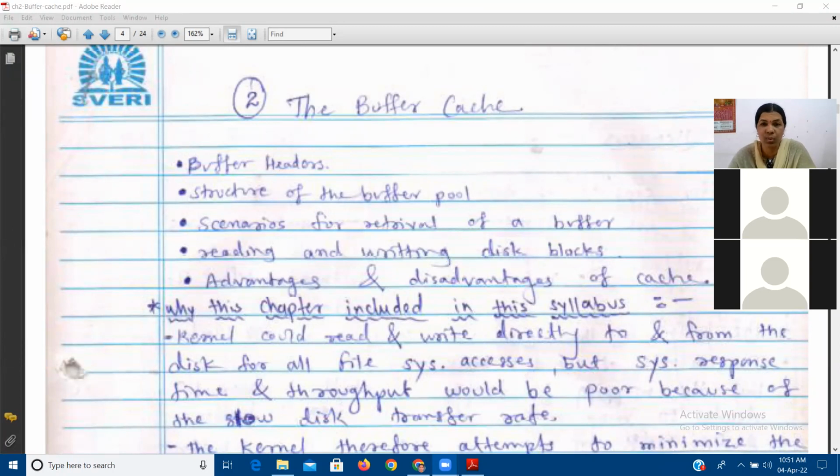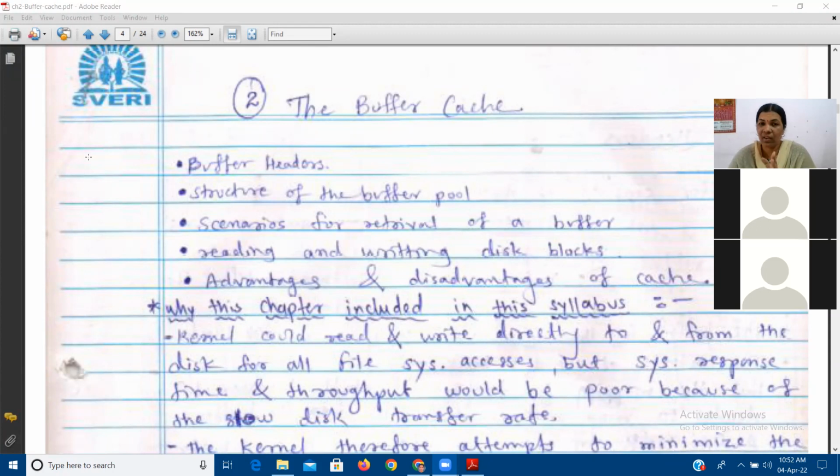And if we don't use the buffer cache, what will happen? There will be traffic on the disk, because of the number of read and write operations we are performing, so that's why traffic on the disk will increase. More than one reading operation and more than one writing operation run at the same time. If we don't use the buffer cache, the reading and writing load increases, and further there will be overload, there will be traffic on the disk. So n number of processes are trying to perform read and write operations, and that's why it's important to use the buffer cache inside the architecture.